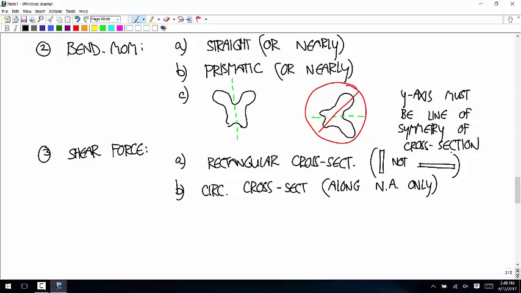So if you wanted to calculate the stresses in a beam like this, this is a cross section. Imagine extruding that out to make a beam. Well, you could calculate the stresses due to tension in this beam. You could calculate the stresses due to bending moment in this beam.